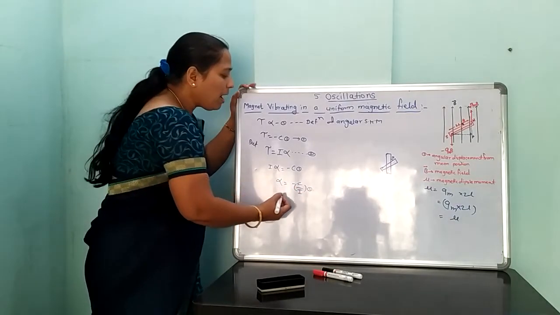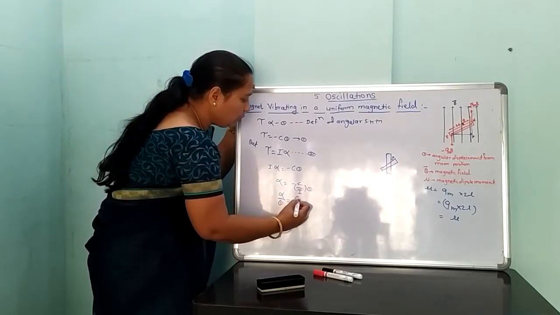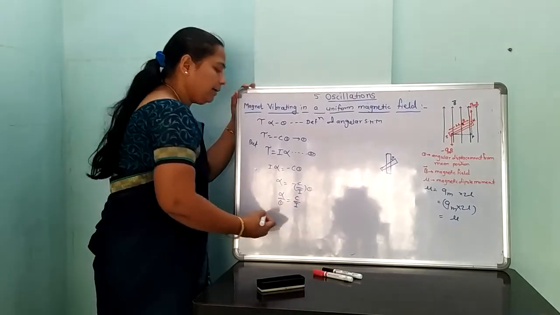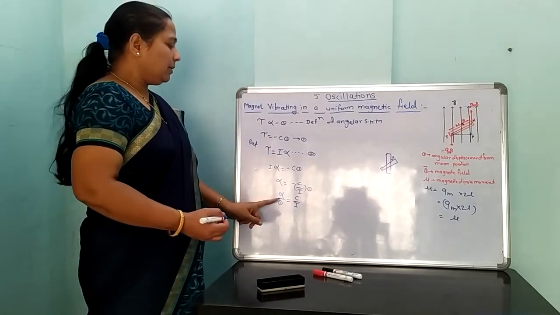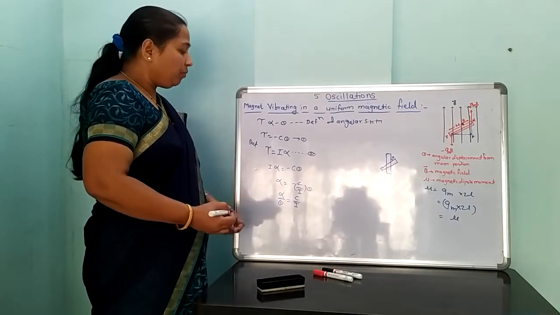C is the torque constant. Therefore, alpha upon theta is equal to C upon I.